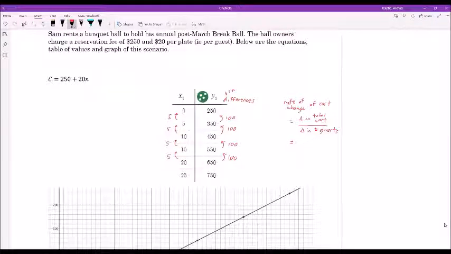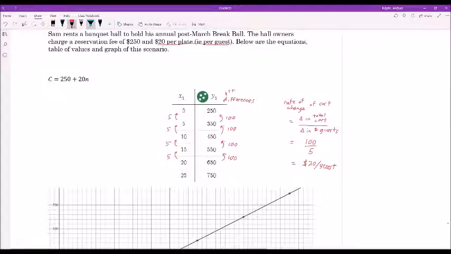We looked at the change in total cost, which comes from the first differences, so we know that's $100, and that corresponds with the change in guests, which is 5, and which then tells us that the rate of change is actually $20 per guest, which is the same as the cost per plate. Okay, so we looked at all that.